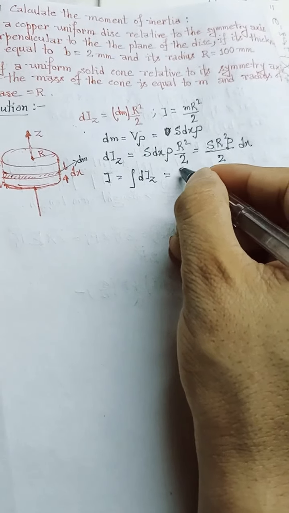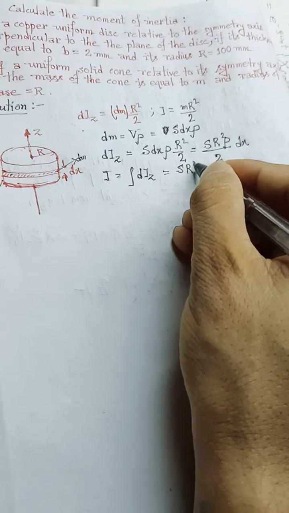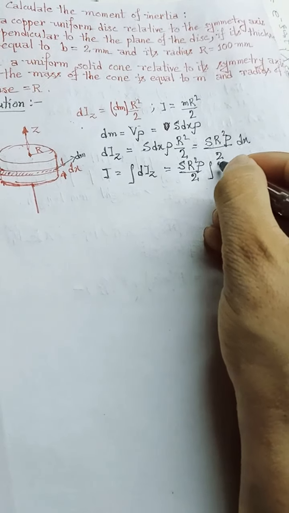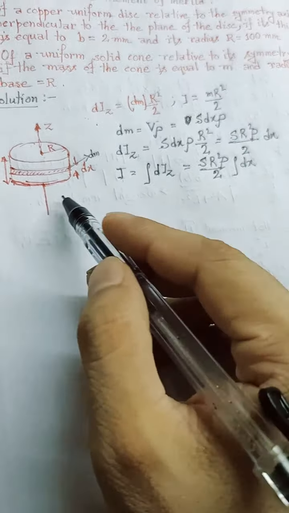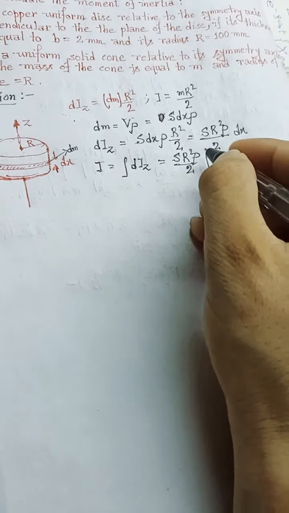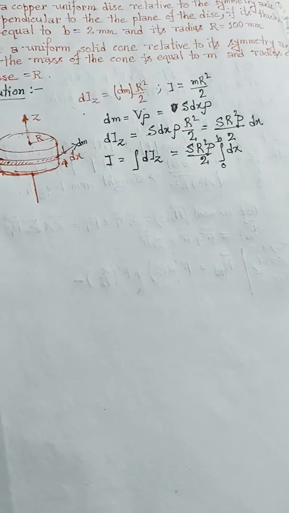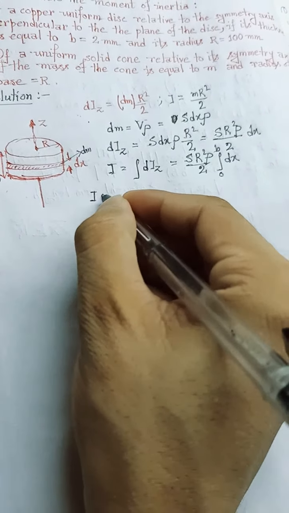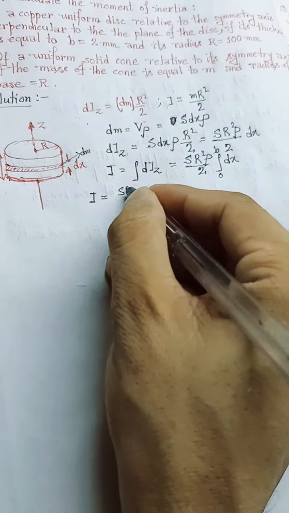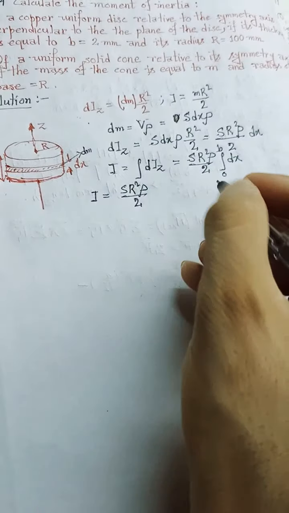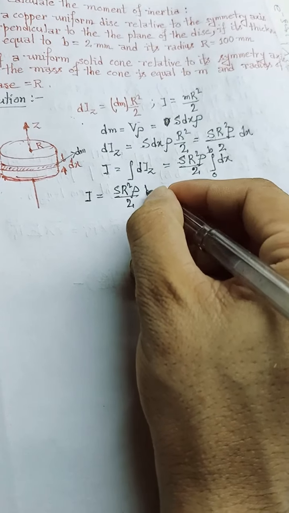So the total moment of inertia of the disc will be the integration of dIz, which is S r square rho divided by 2 times the integration of dx. This dx varies from 0 to b, because b is the total thickness of the disc. So our total moment of inertia will become S r square rho divided by 2 into b.